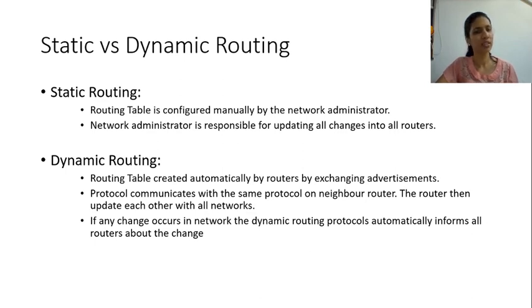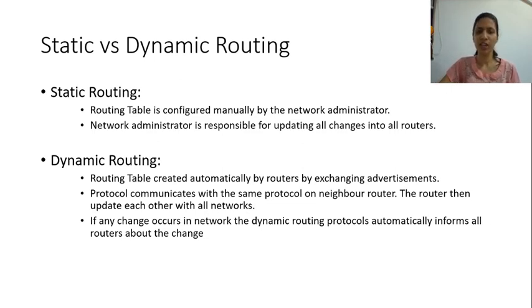Then, using a certain protocol, the routers are able to speak to each other in a common language and understand new routes from each other. This is how the routers are able to update their own routing tables and create the entire routing table automatically.